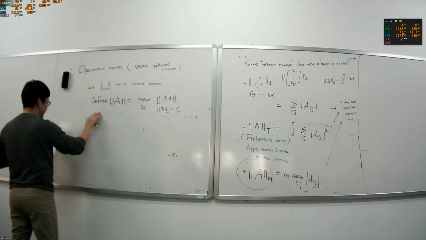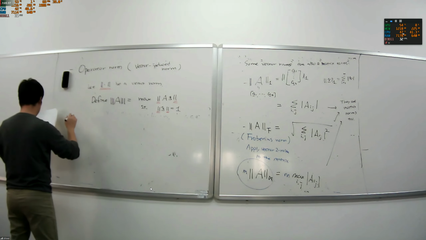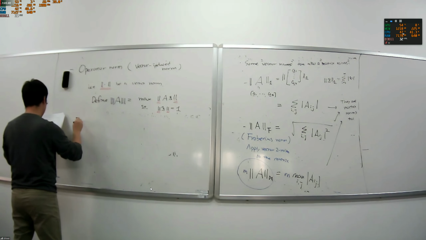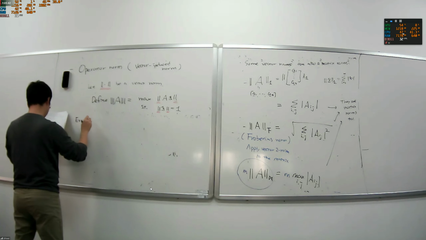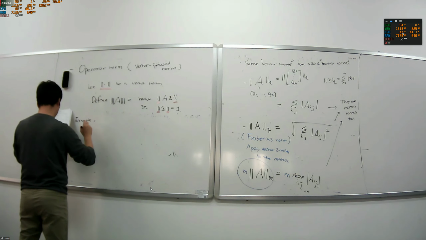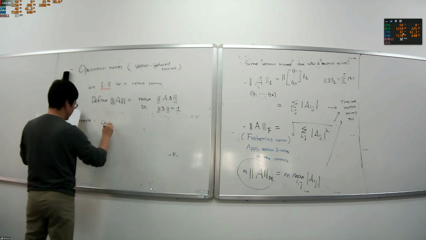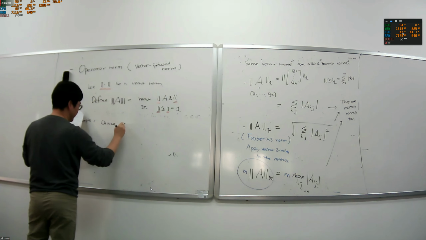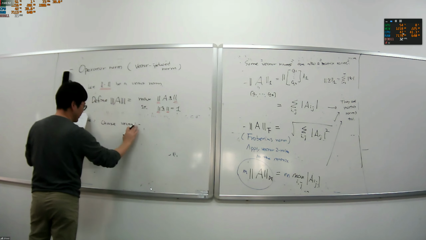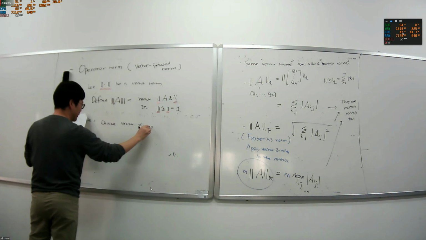Let's give some examples. For example, I choose the vector 2 norm.